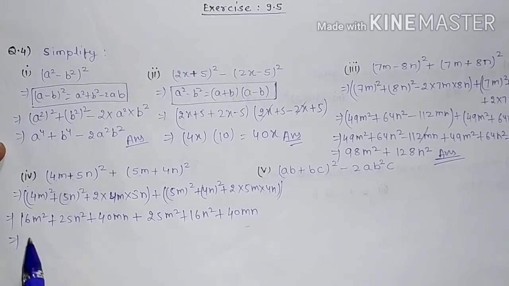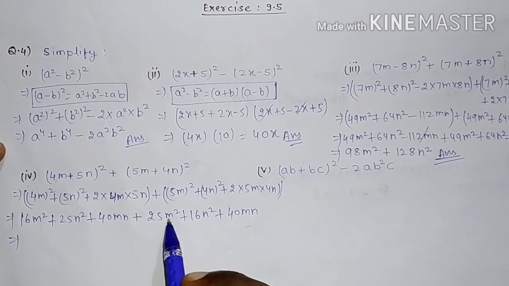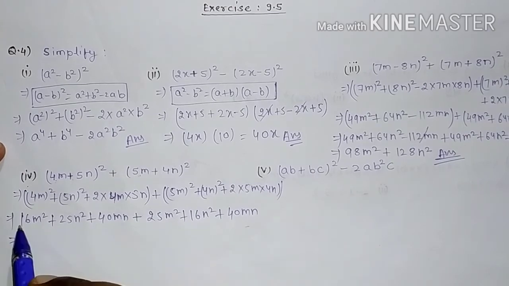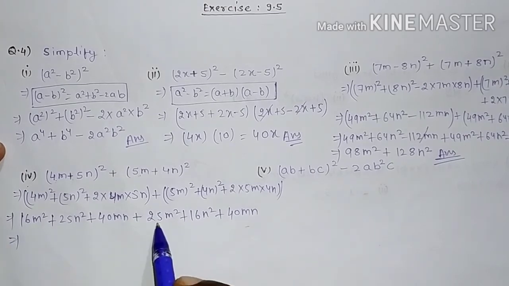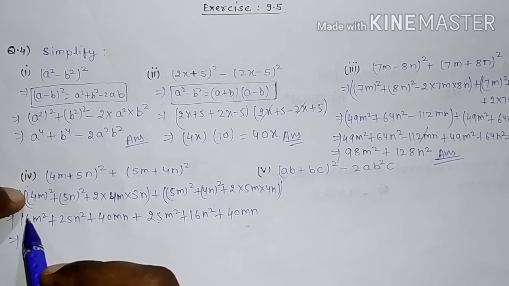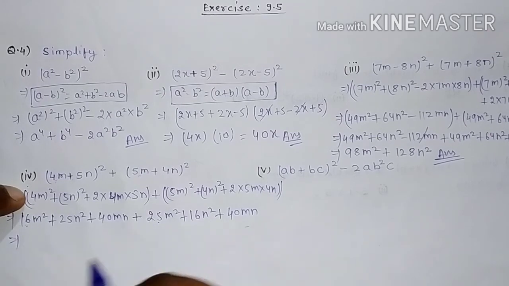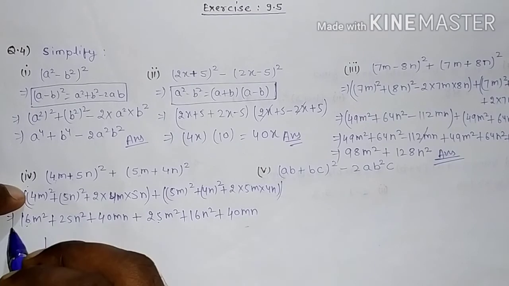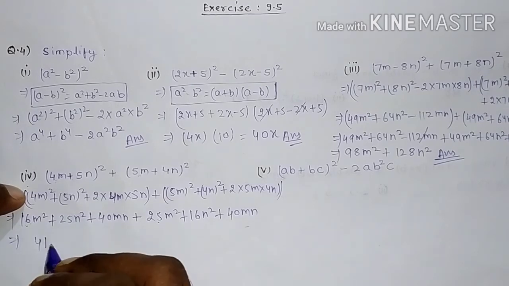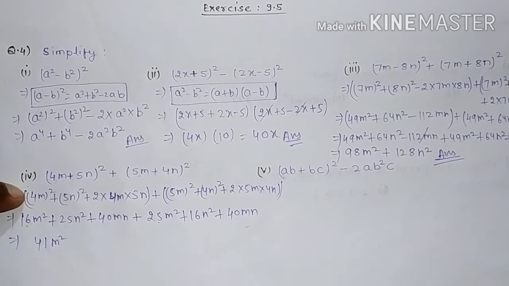Now 16m square plus 25m square will be added because both are like terms. 16m square plus 25m square will be 41m square.